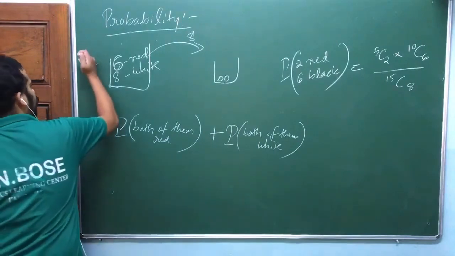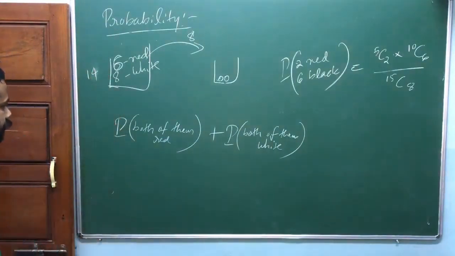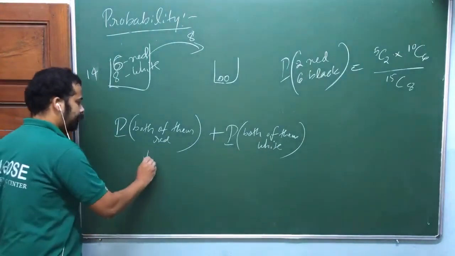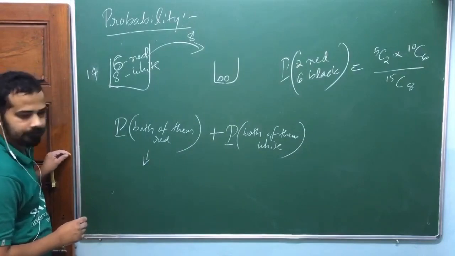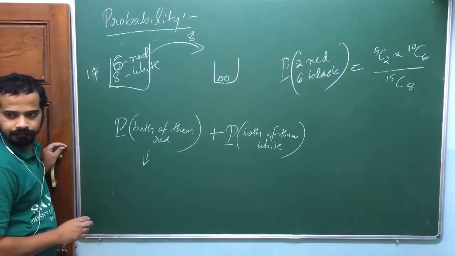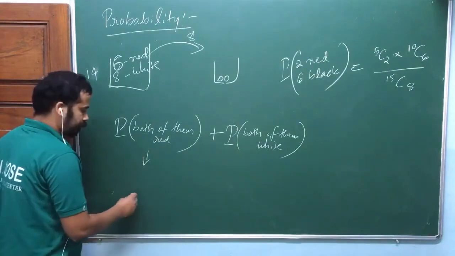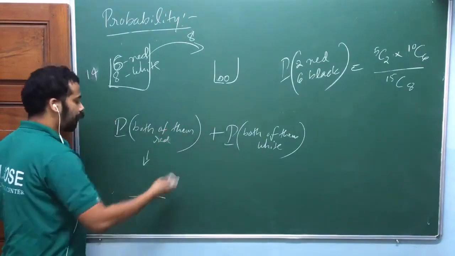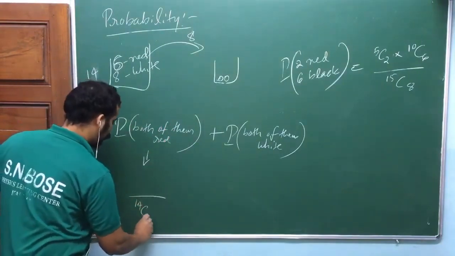So what is the total number here? 6 plus 8, 14. What is the probability that both of them are red? Take the ratio. What is the total number of possible ways of drawing 2 balls out of 14? 14C2, am I right?